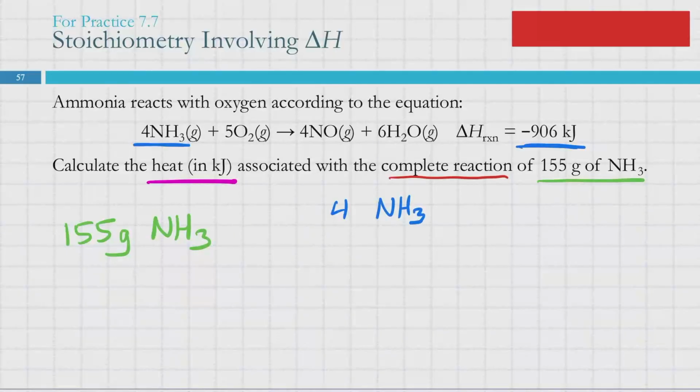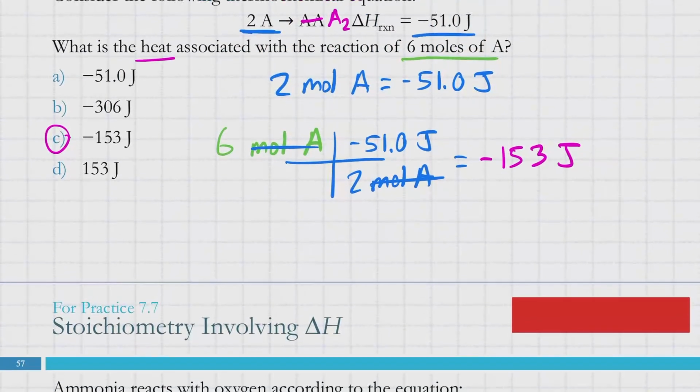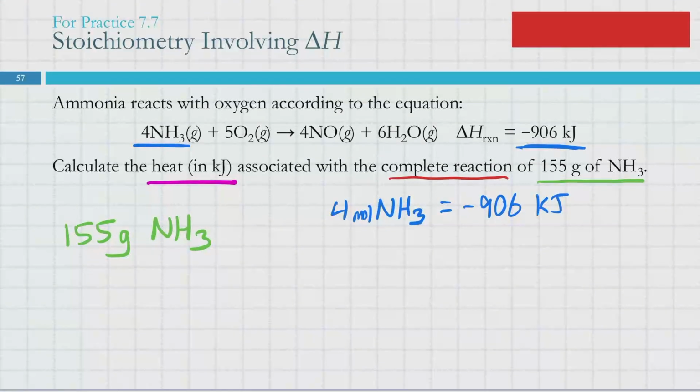What unit goes with the 4 NH3? Does anyone remember? What other unit goes along with it? It's moles. So we need moles. We have grams, so we'll have to convert to moles.